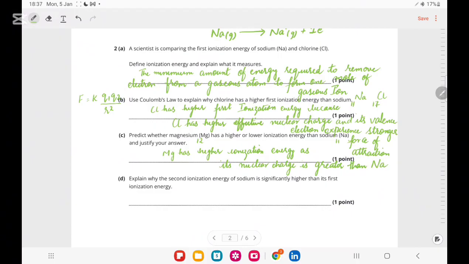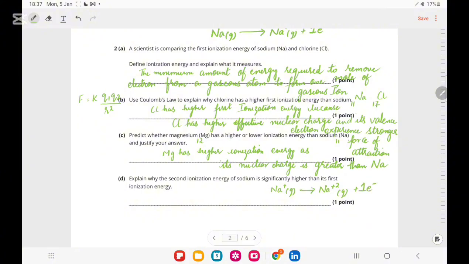Explain why the second ionization energy of sodium is significantly higher than its first ionization energy. Second ionization energy is represented like this because you are removing the second electron from it.